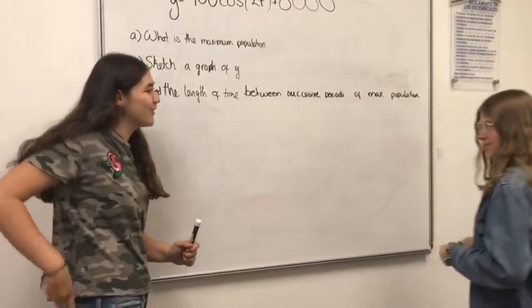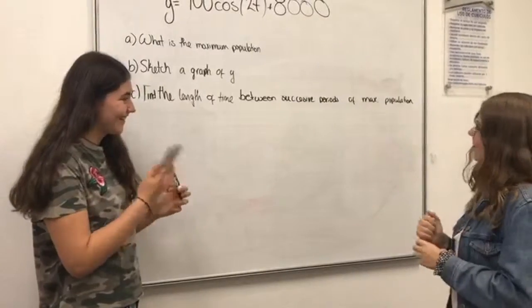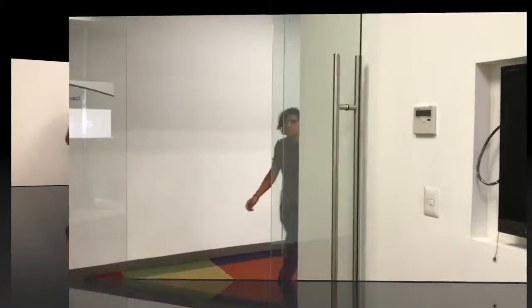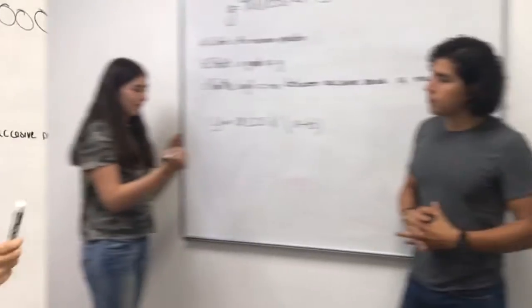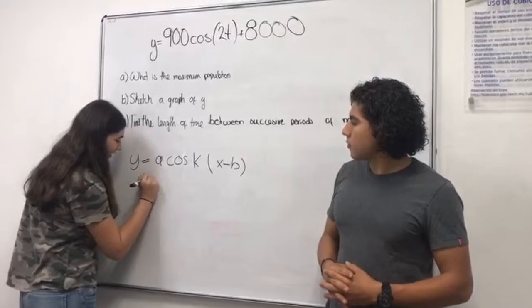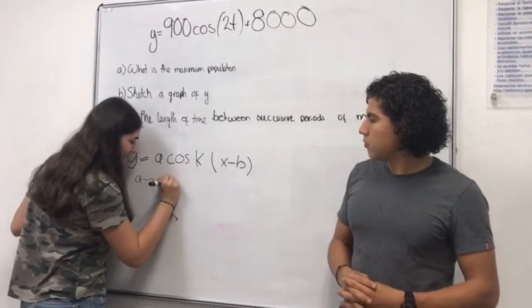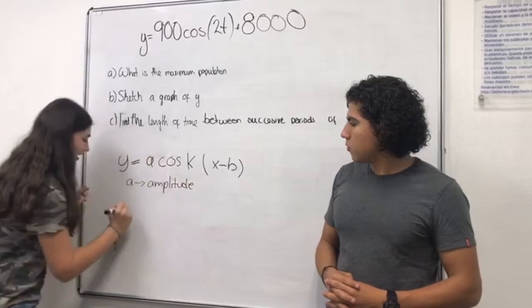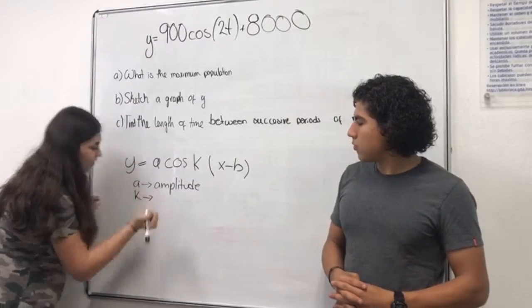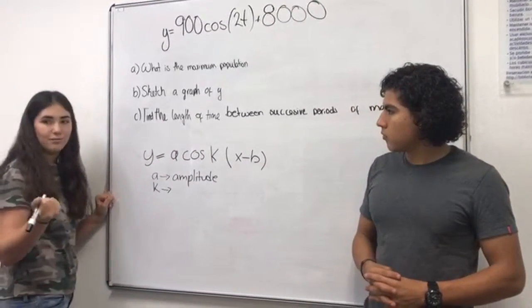I know who to call. Hey. You need help with that problem? Yes, yeah, please. Of course. So, A is for amplitude. K, you will need it to take your period.